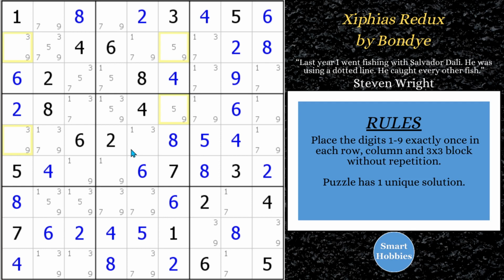So I might switch over now to the shading here to give us a little bit of help, because I feel what we're looking for might require a bit more on the advanced technique side. Can I do a swordfish? No. Is there a skyscraper or something cool like that? Nope.